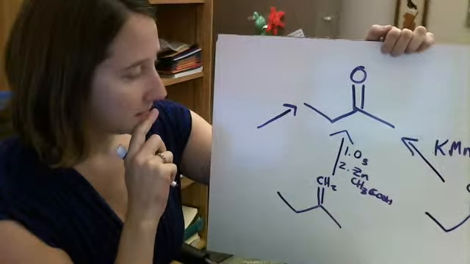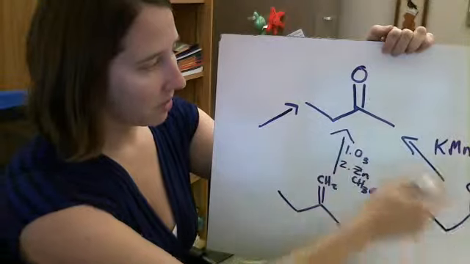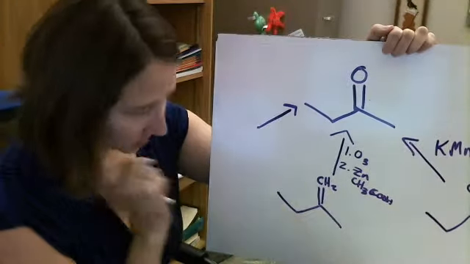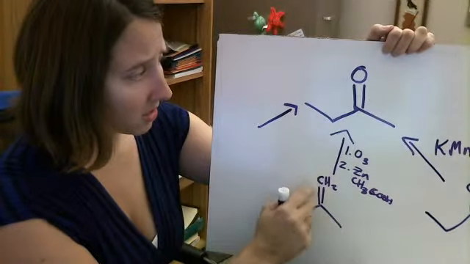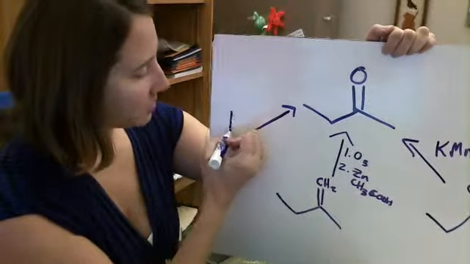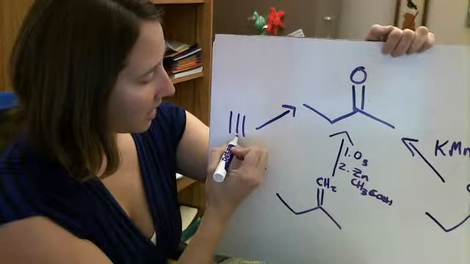And there's actually one other method that we've had where we could do this as well. If you think about this, we can take an alcohol to a carbonyl, or a carbon-carbon double bond, so an alkene, to a carbonyl. You've also learned how to do this using a triple bond.